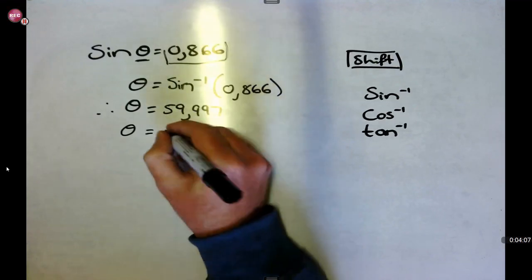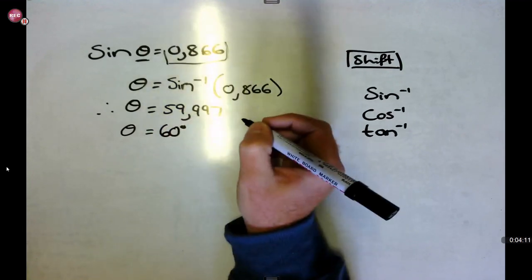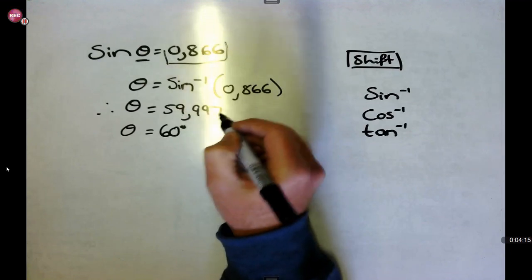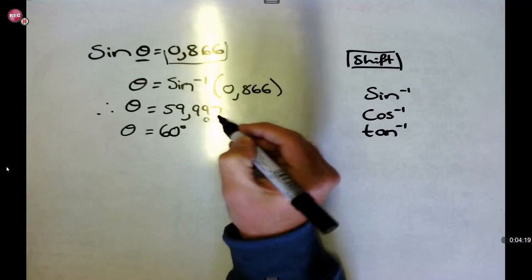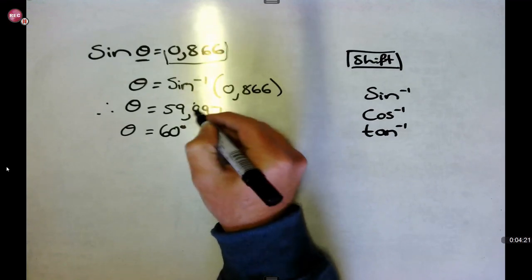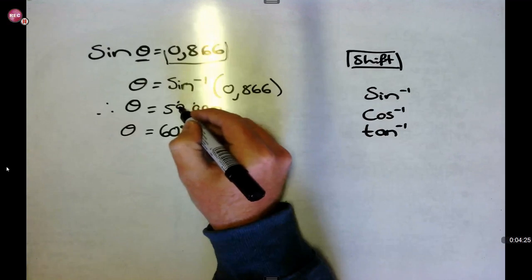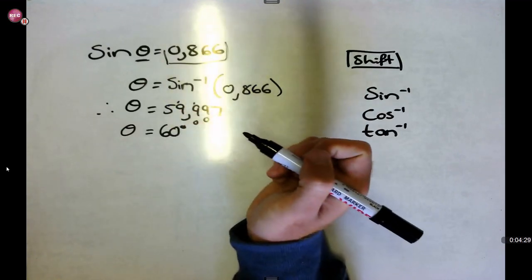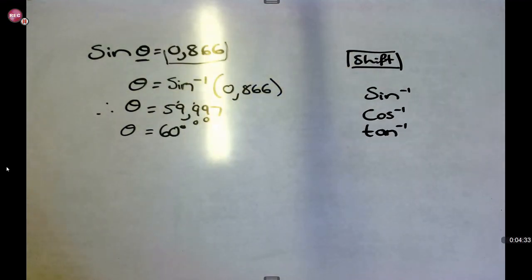So at the end of the day, your answer will be 60 degrees. Why? Because if I round up to 2 decimal places, this is going to change to a 10. So this changes to 0 and you carry the 1. That changes to 10, so that changes to 0, and the 1 will carry over and make the 5 a 6. So your final answer is then 60 degrees.